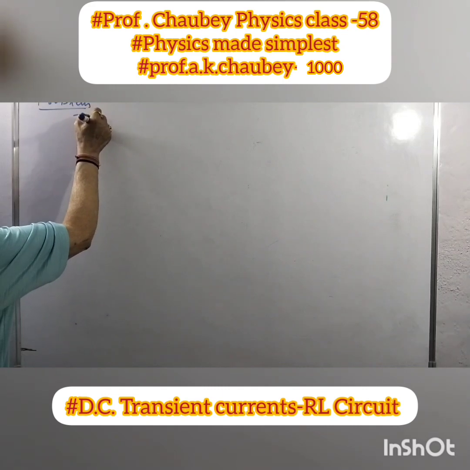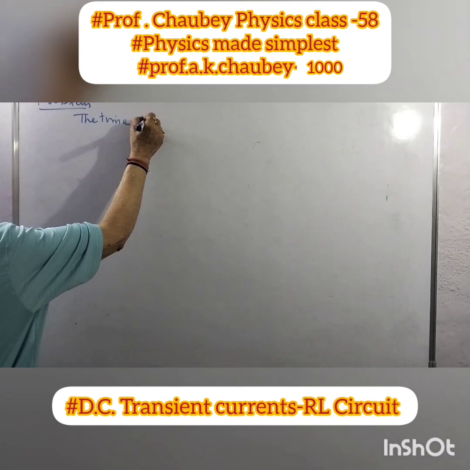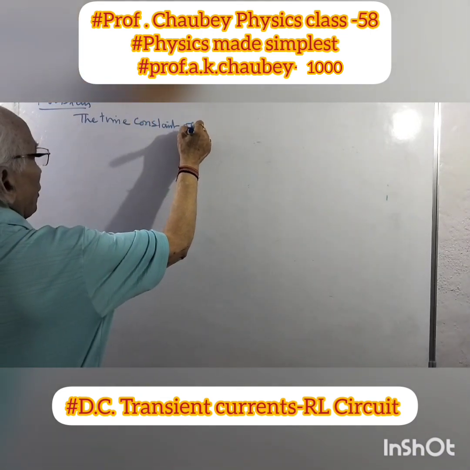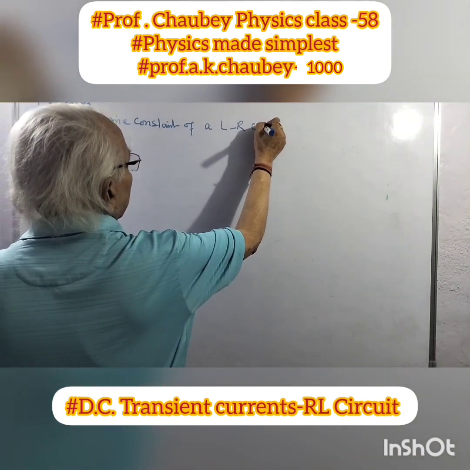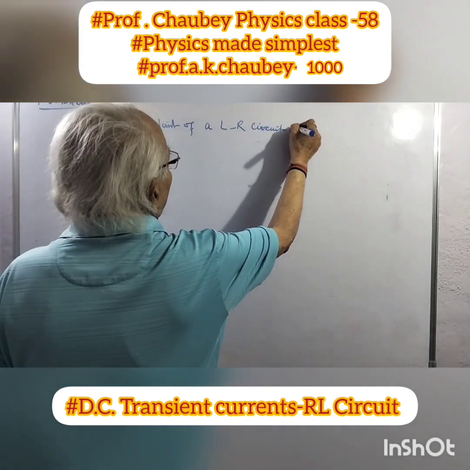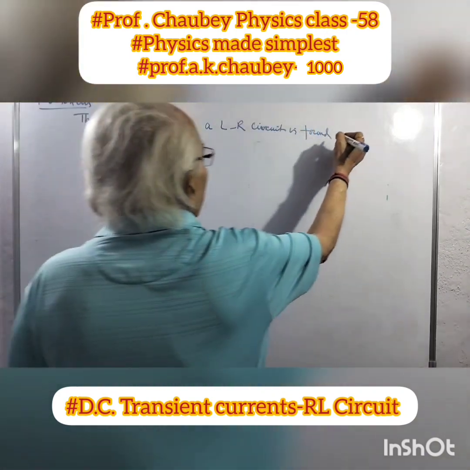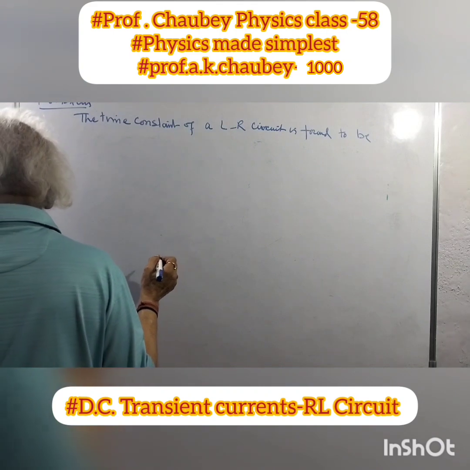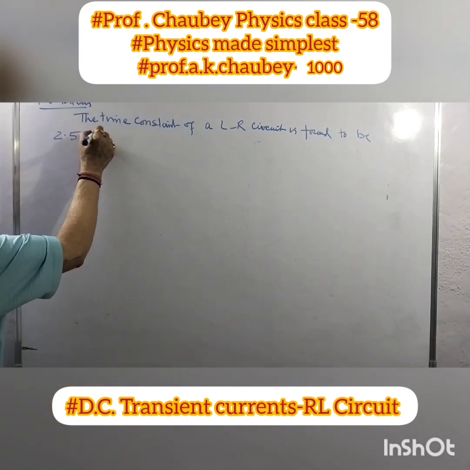The time constant of an LR circuit, L over R, is found to be 2.5 milliseconds.